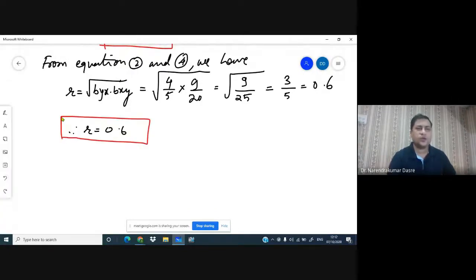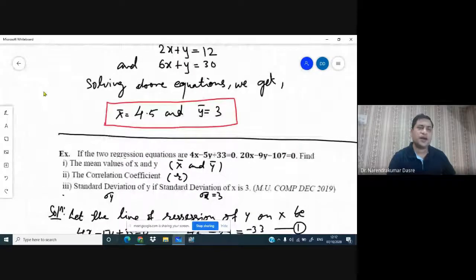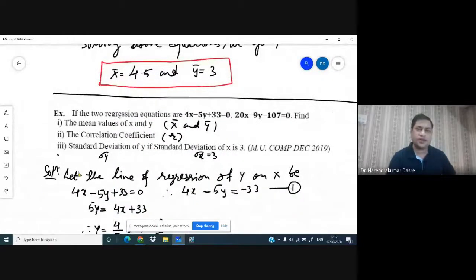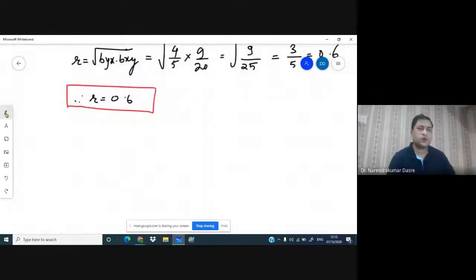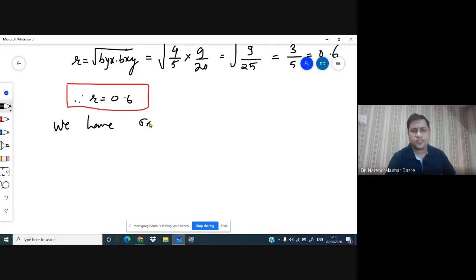And now what I want to find out is the value of sigma y. I have to find sigma y when sigma x is equal to 3. So we have sigma x given to be 3, r is equal to 3 by 5.